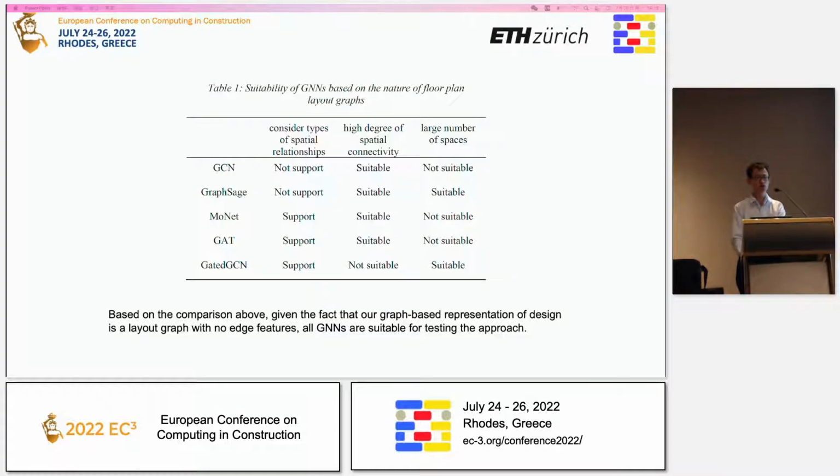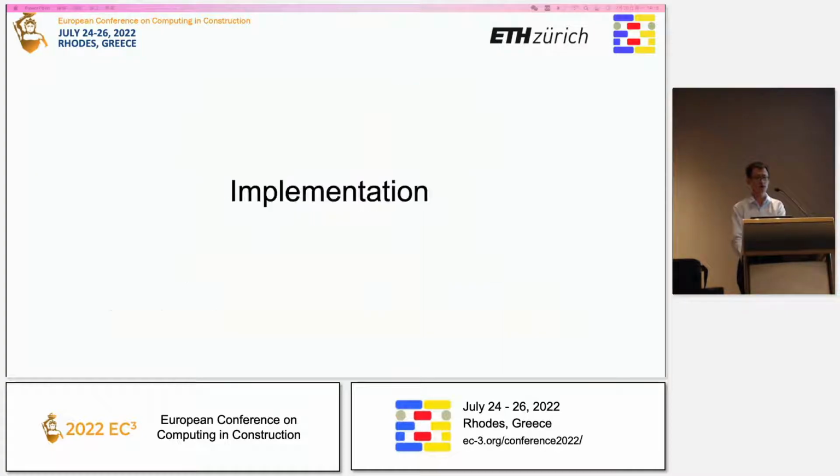Because most GNN studies have targeted small graphs, like molecule graphs. Not only GraphSAGE and the gated GCN, they did some research on large graphs. So for this study, since our floor layout is quite simple and with no edge features, all the above models are suitable for our study. And let's look at some implementation and results.